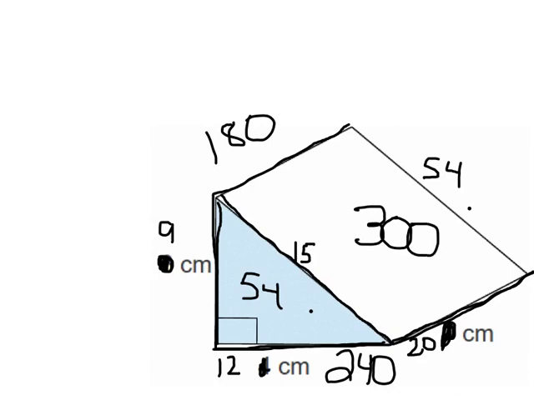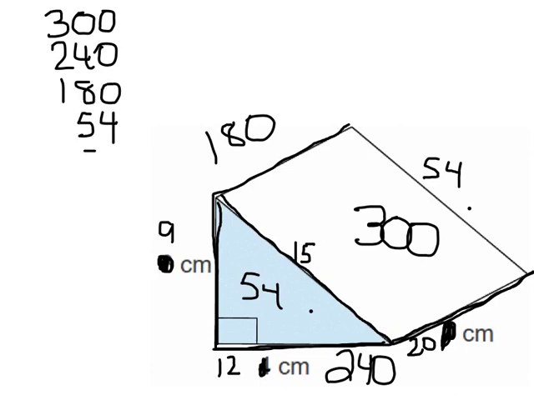So if I add all of that up, I have 300 plus 240 plus 180 plus 54 plus 54. And if you've done it right, you should have 5 different numbers, but 2 of those should be exactly the same because of those 2 triangle ends.